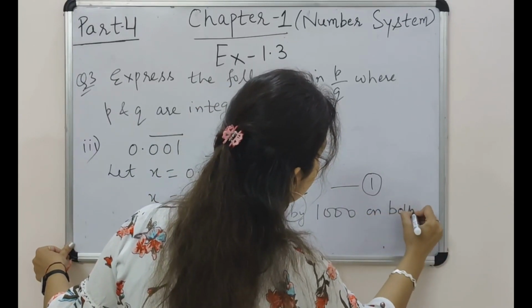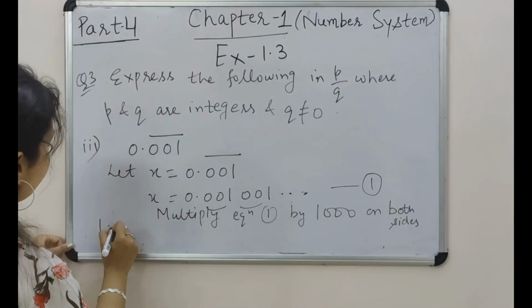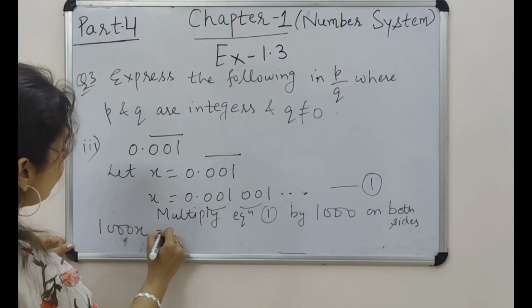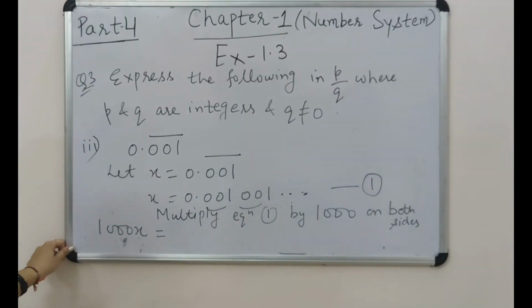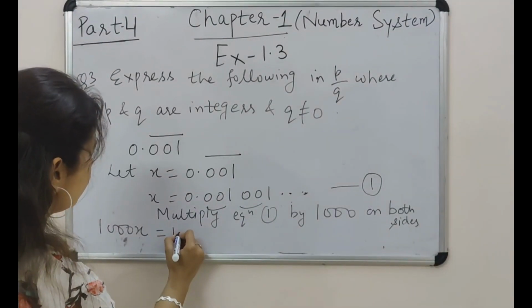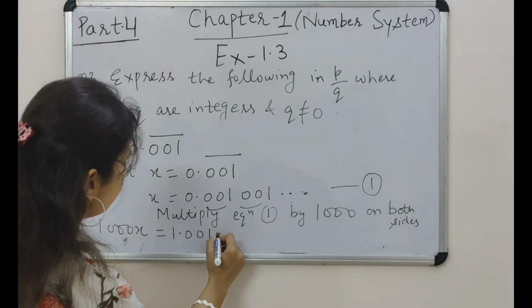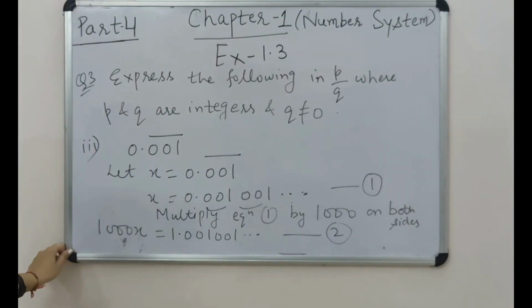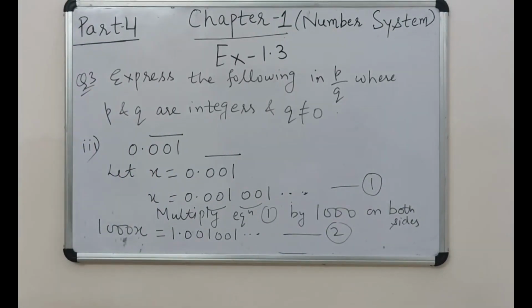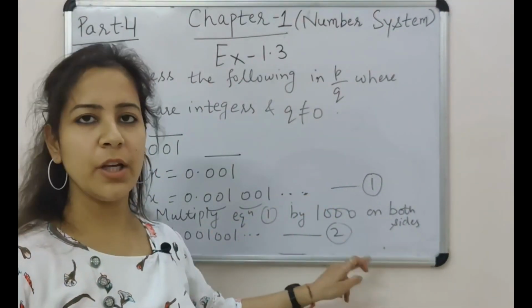On both sides. When I am multiplying it here, on left hand side it is becoming 1000x, and this side I am going to have this, my equation 2, right? The next step is of course the same. You have to subtract equation 1 from the equation 2.